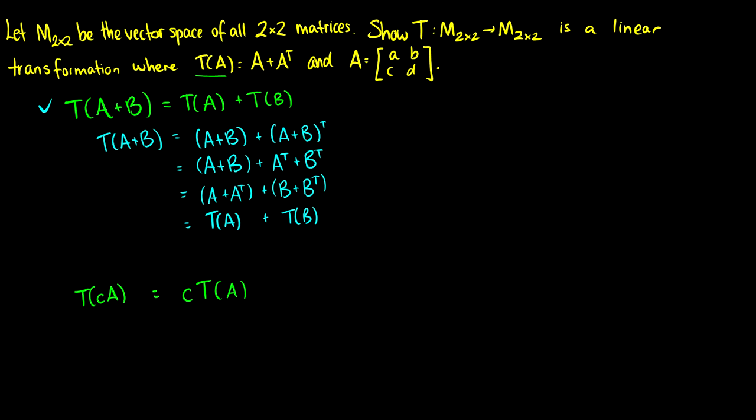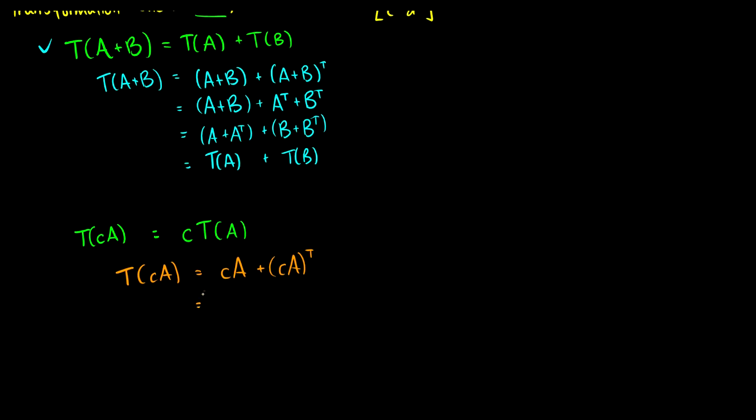Our second condition: take a scalar, multiply by A, transform that. That's the same thing as taking the scalar, then multiplying the transformation. So T of C times A is just going to be CA plus CA transpose. Well, we just keep CA the same.